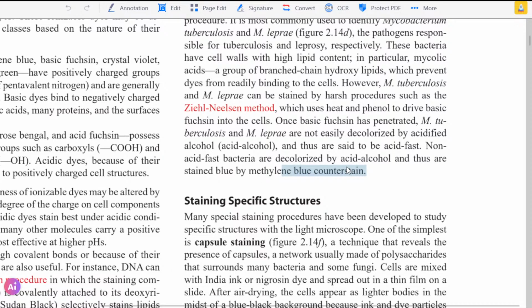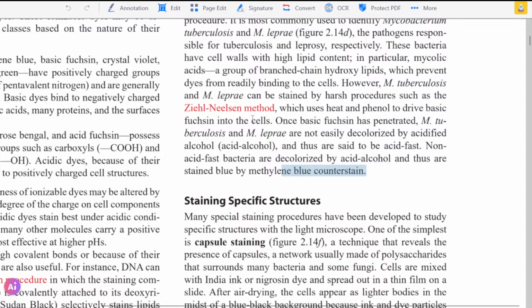Wait a second. Okay, so I thought they were differentiating between tuberculosis and leprae, but in reality they were differentiating between tuberculosis, leprae, and the other bacteria. So what stain was used here? Not phenol, basic fuchsin is used.